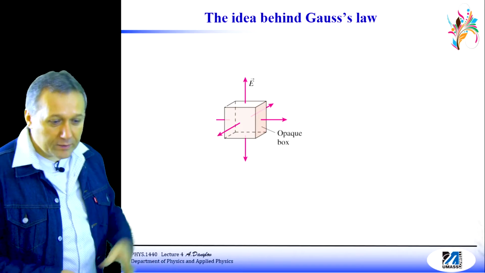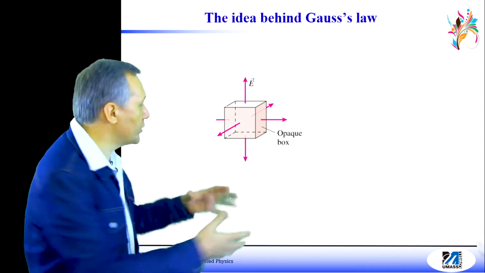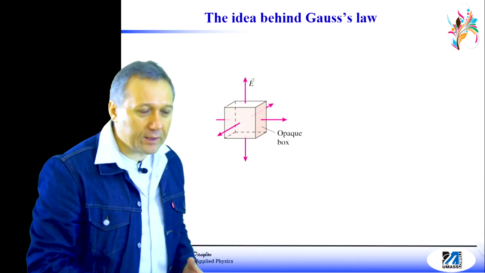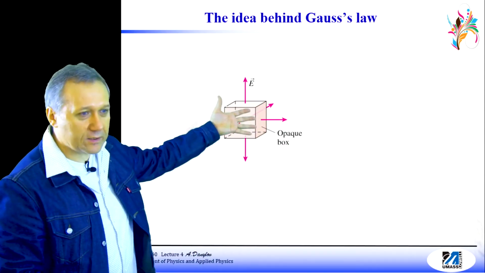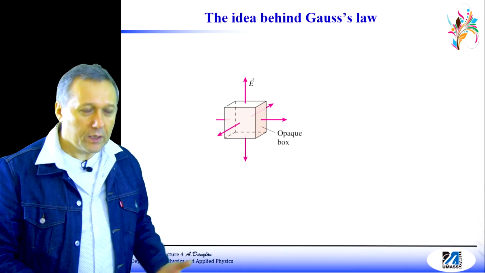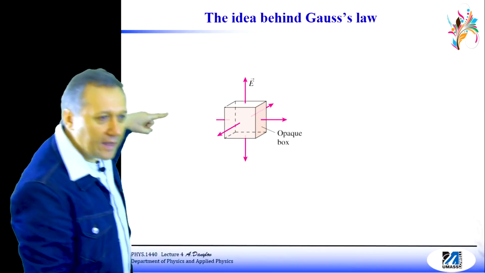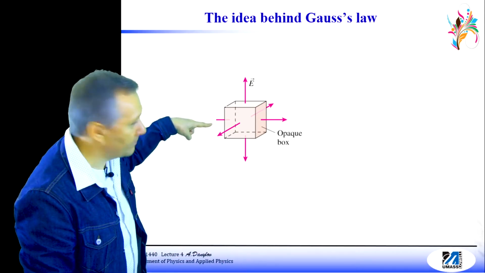But we can grab a small positive probe charge and map the field around this box. Let's say we got this electric field. You see electric field lines are getting out of the box. Can you tell me immediately some information about the net charge inside of this box?